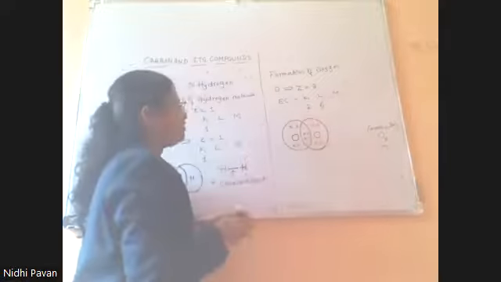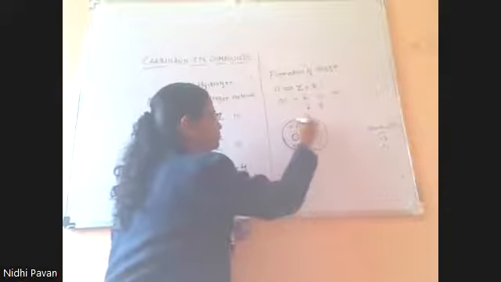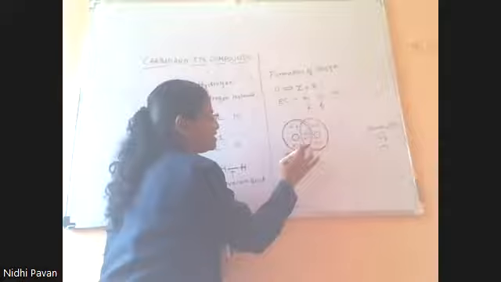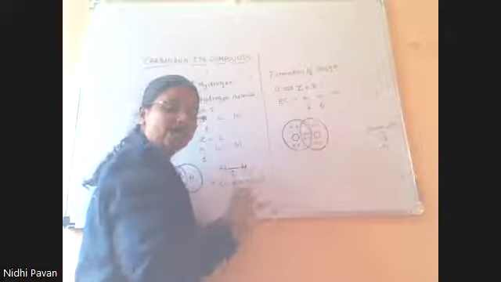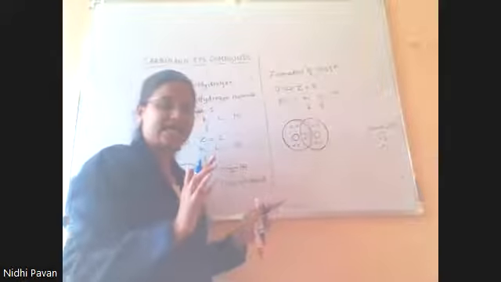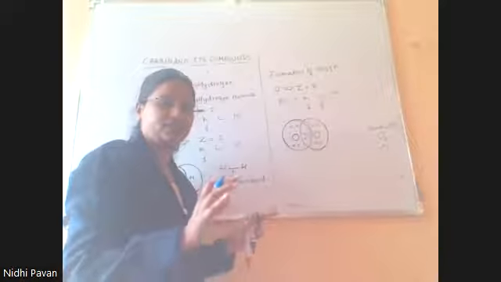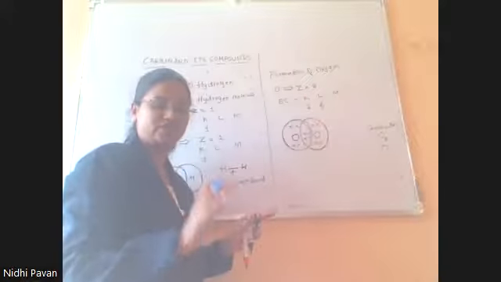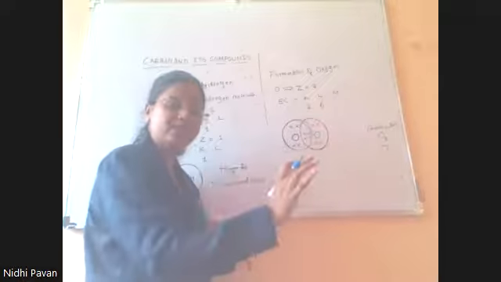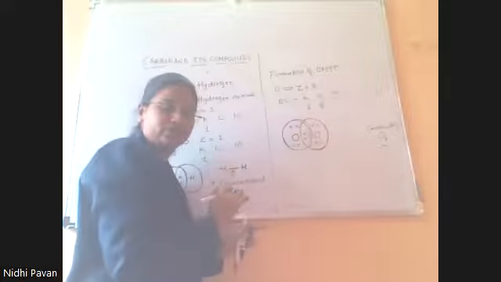Similarly, this oxygen atom has 1, 2, 3, 4, 5, 6, 7, 8. So both of the atoms got 8 electrons in the valence shell, the last shell. Both atoms acquire the octet electronic configuration. That is why the oxygen molecule is stable. Why? Because it has the octet electronic configuration.